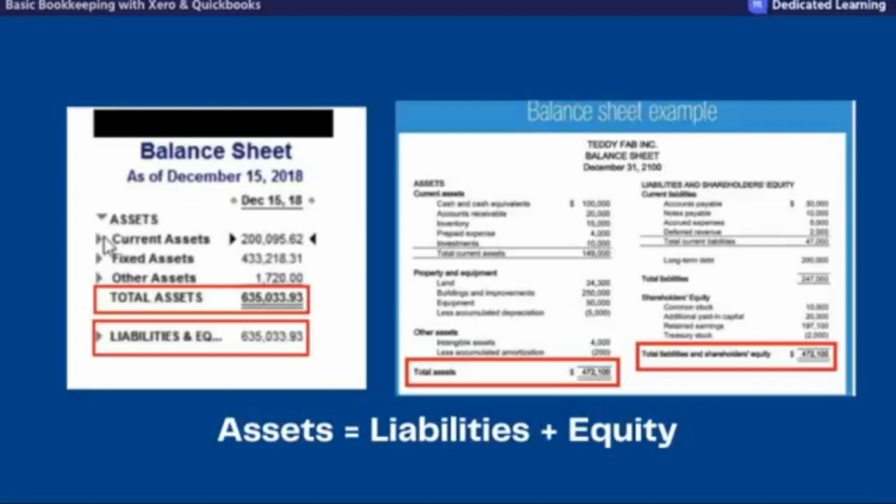Take note that for most cases, if the total assets and the total liabilities and equity are unbalanced, meaning one has more of an amount than the other, then this most likely means that a transaction has been logged in with an incorrect amount. So to reiterate, make sure to pay attention to your details.